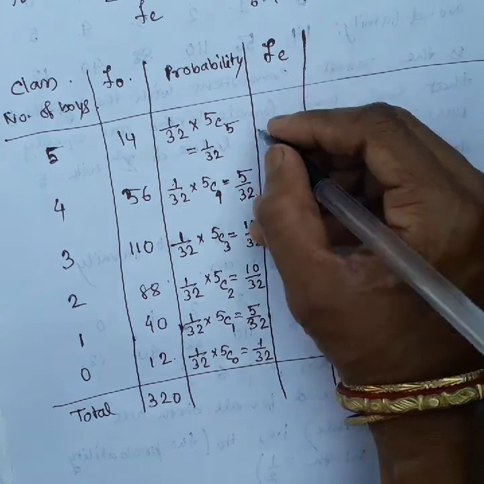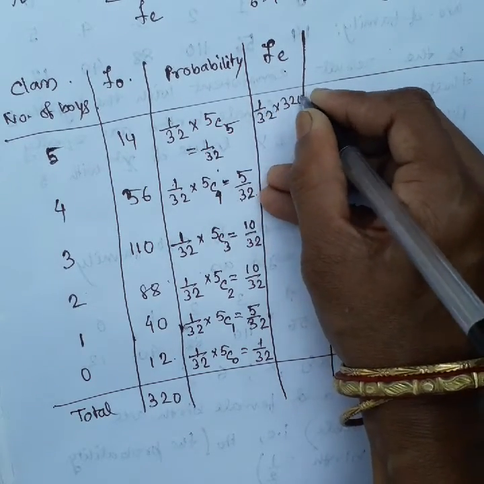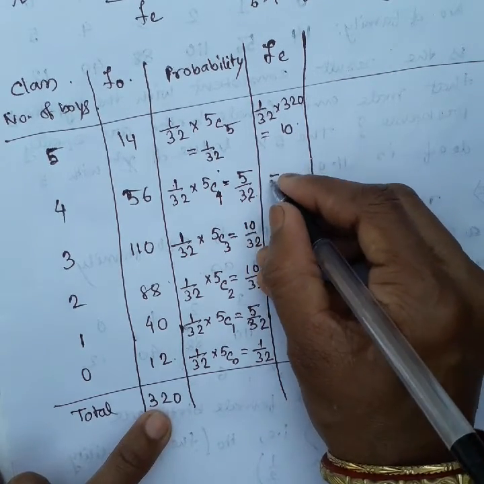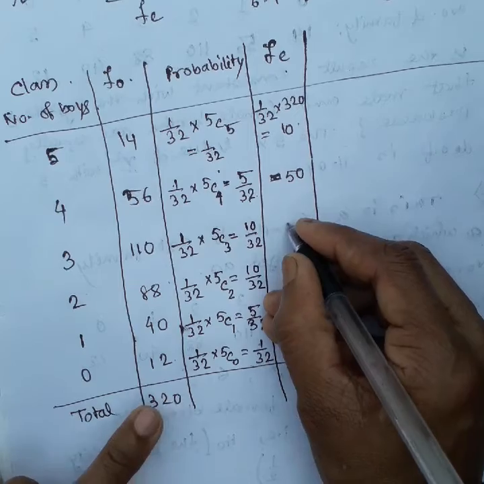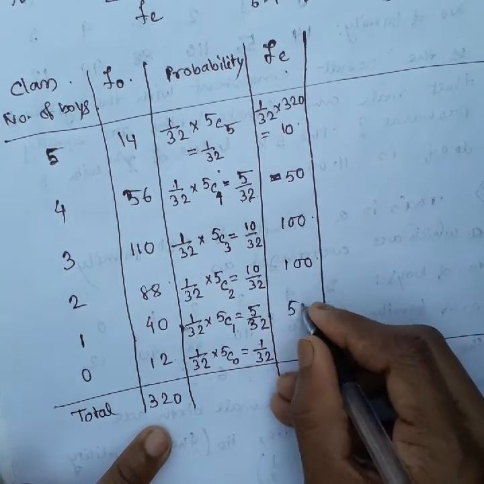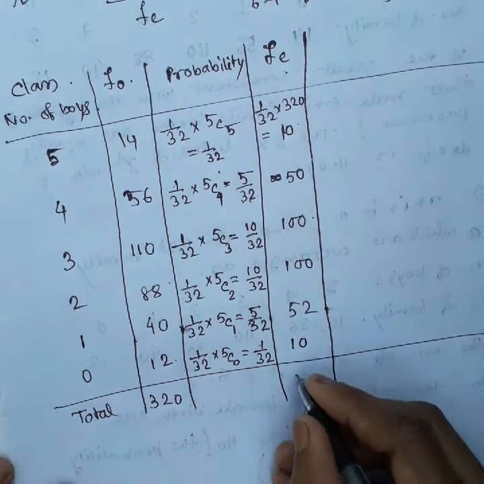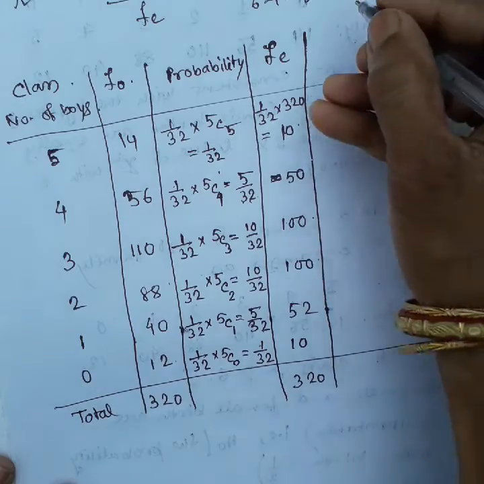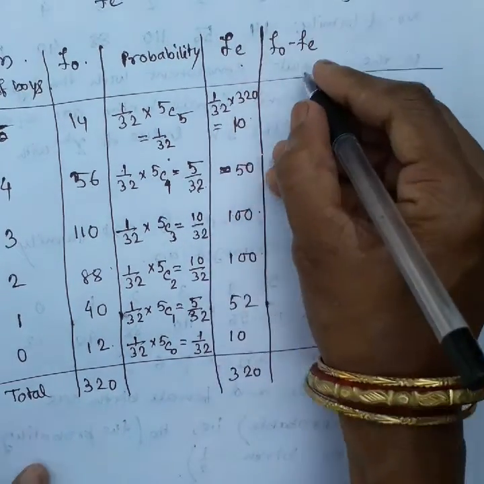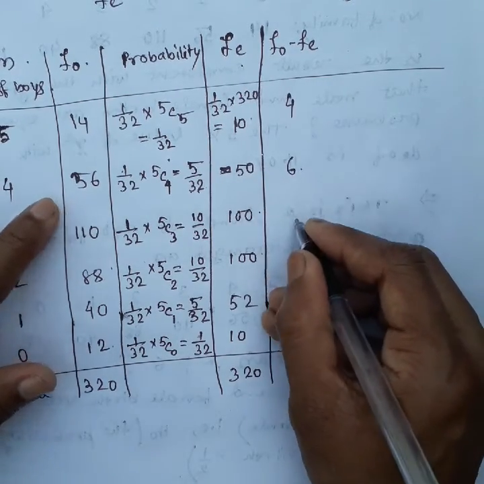So FE means 1/32 into 320, that is 10. So it is 5/32 into 320, that is 50. This is 100. This is also 100. This is 50 and this is 10. Okay, so this total is 320. Now we find FO minus FE. So it is 4. This means 6.